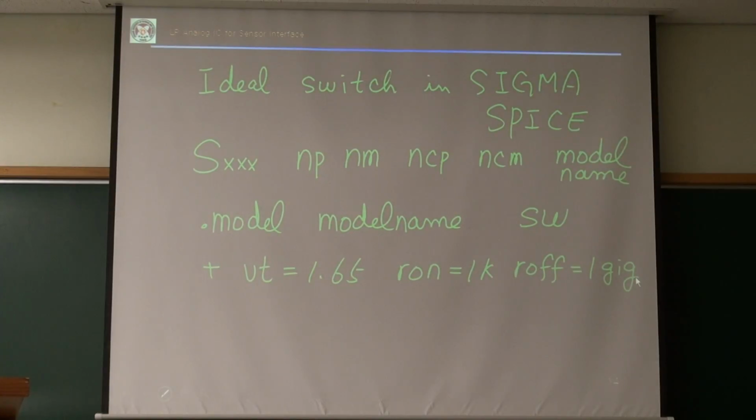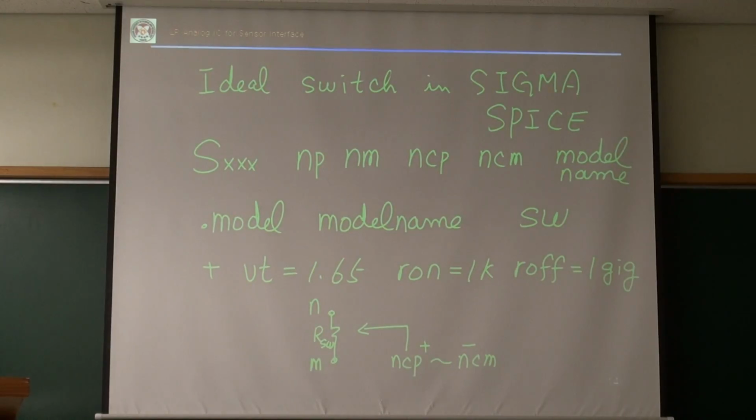Say I have an NM node here. This resistance is controlled by the NCP, NCM node voltage. The voltage across this controlling branch controls this switch resistance.